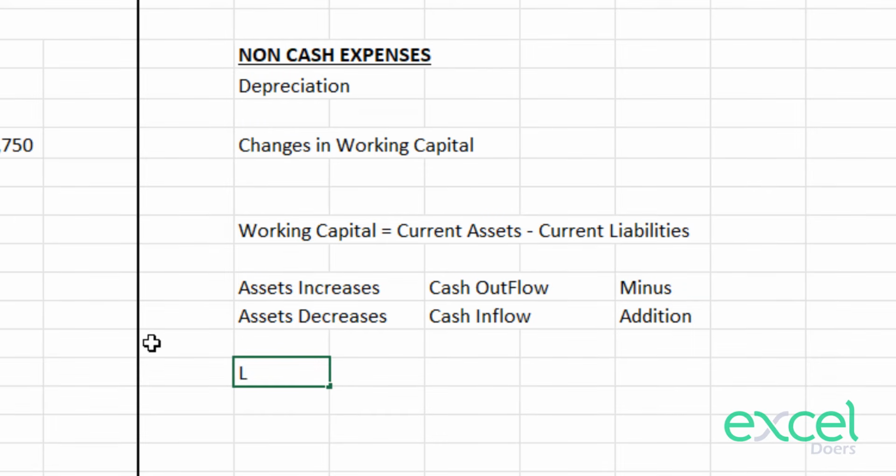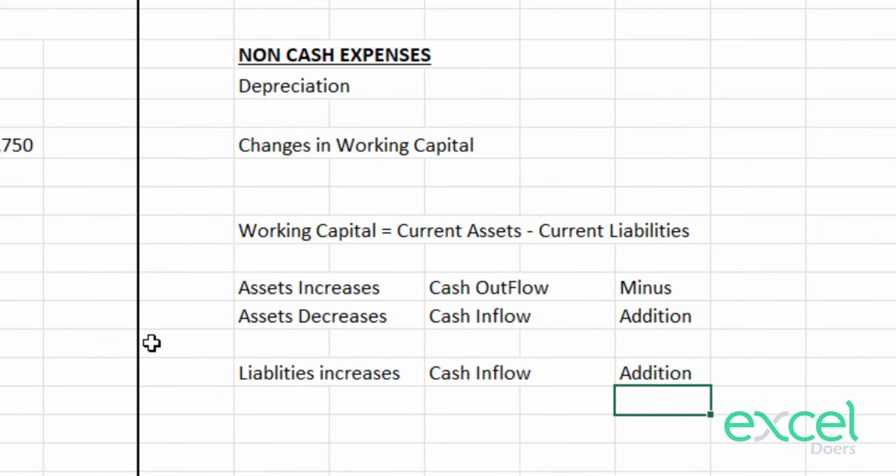Similarly, if liabilities increase, let's say you have taken a loan, you have borrowed money from someone, then cash will come into your pocket. Cash will inflow in your pocket. That means the cash is adding, so you will do addition.